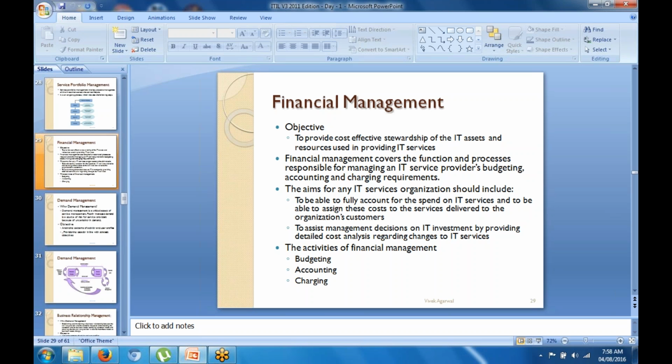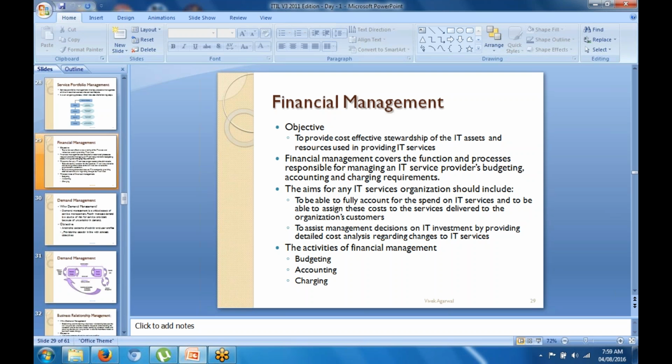The aim for any IT service organization should include being able to fully account for the spend on IT services and to assign this cost to the services delivered to the organization's customers. It also assists management decisions on IT investment by providing detailed cost analysis regarding changes to IT services.